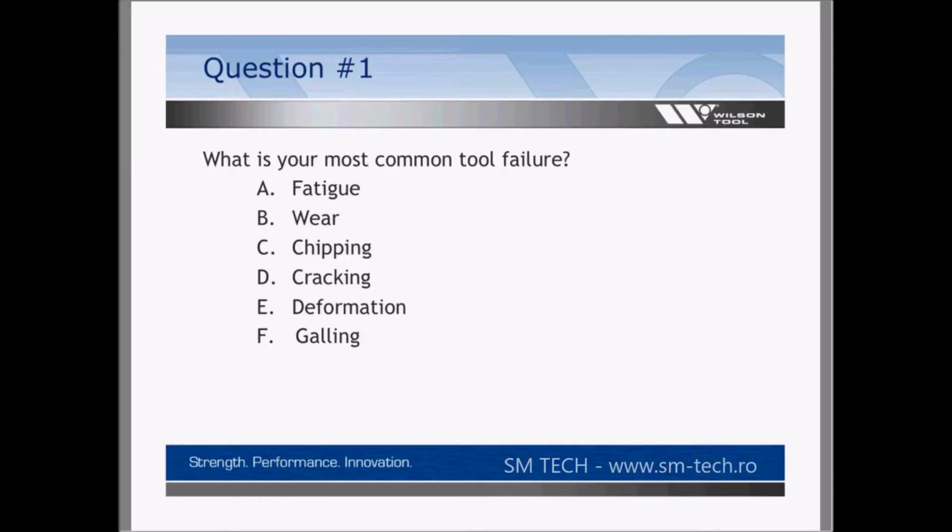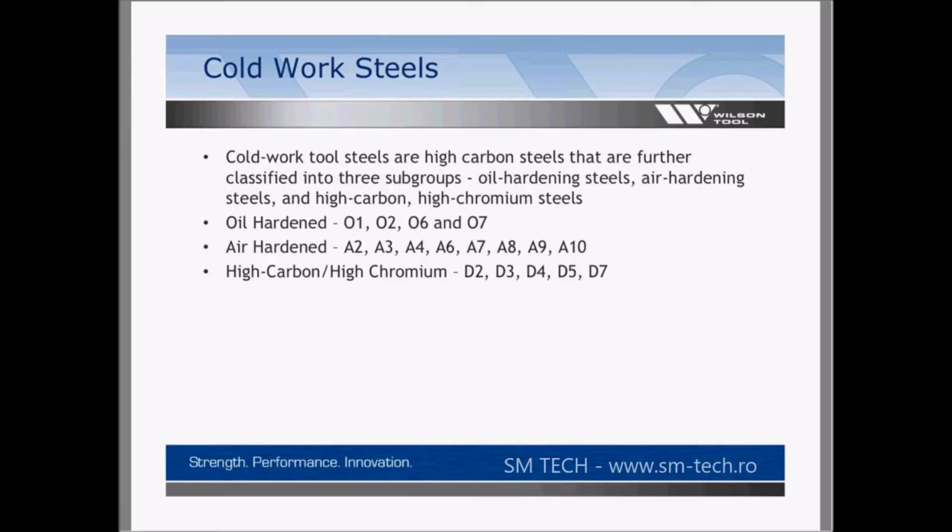So looking at the results here, looks like the majority of you see wear, 36% chipping, and then galling is kind of the next big issue. So wear and the chipping, obviously that goes back into the types of steel you're running. When you're running into a wear issue, typically speaking, you're running with a cold work steel to begin with a lot of times.